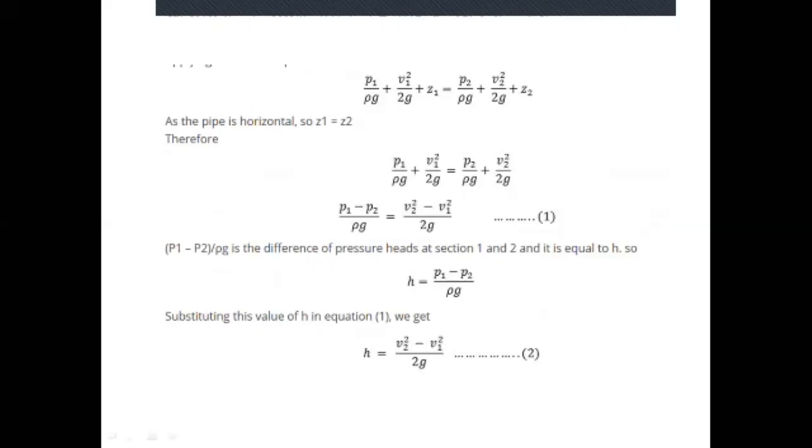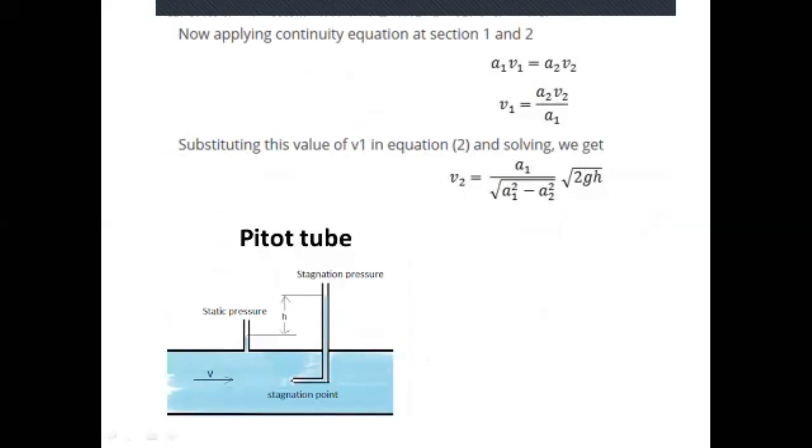Our equation 2, remember, was here. If you substitute for V1, you can get velocity 2 will be given by this times the square root of 2gh. And this again confirms that velocity does not depend on the pressure, but just on the height of the liquid level in that particular pipe.